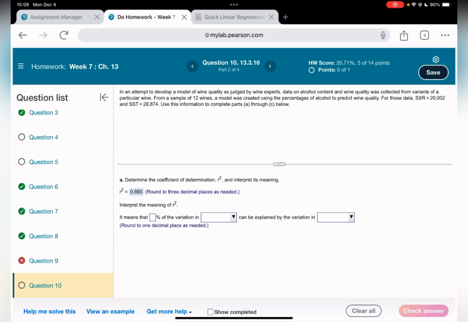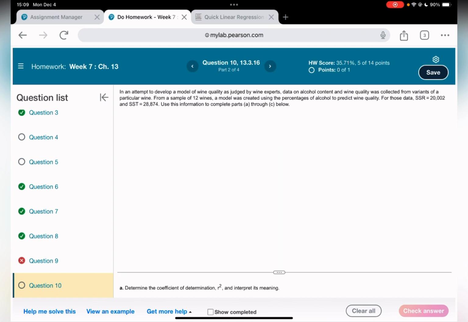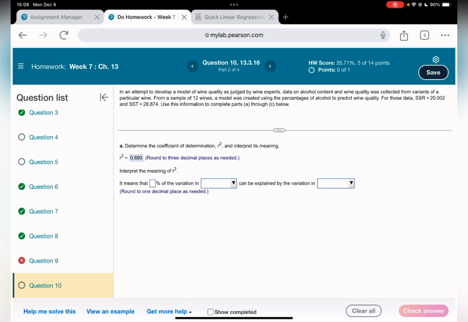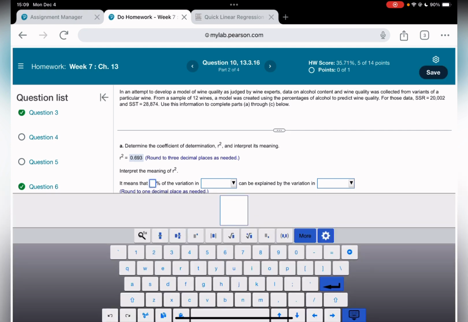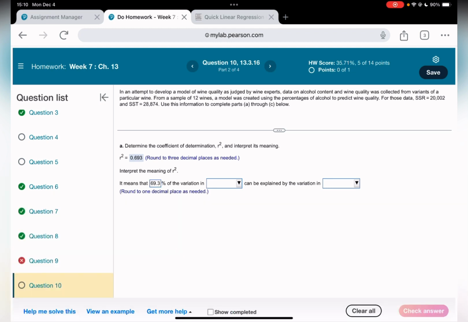What does that mean? That's a decimal notation, 0.693, that means 69.3% of the variation in wine quality can be explained by the variation of alcohol content, right?